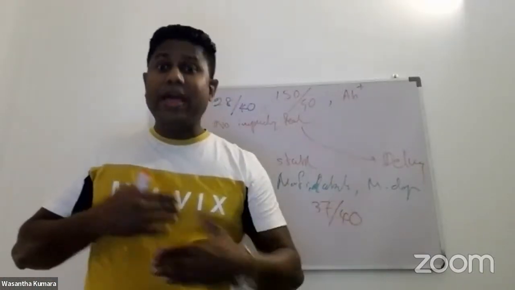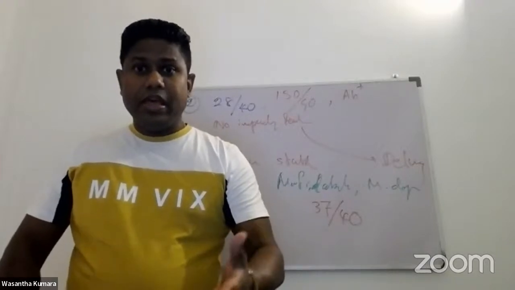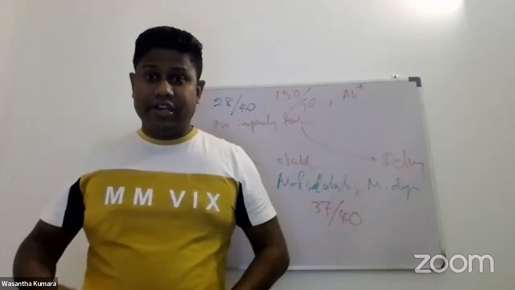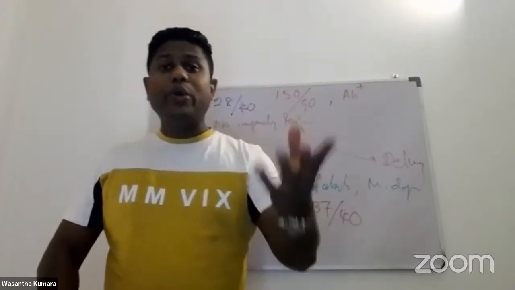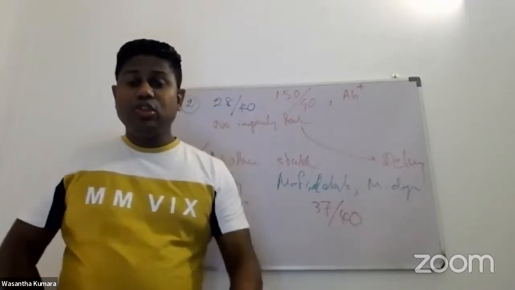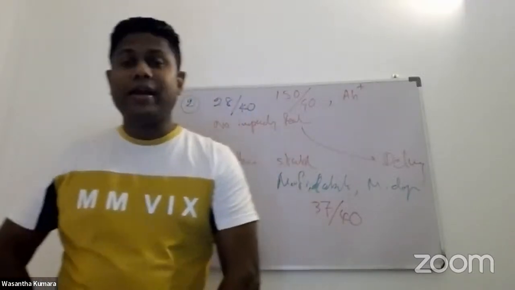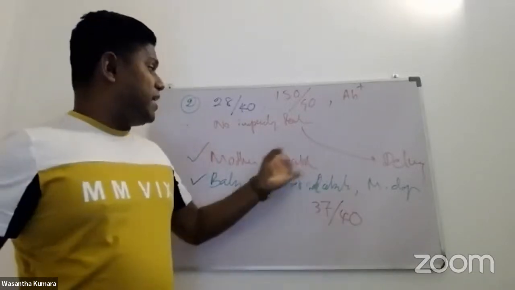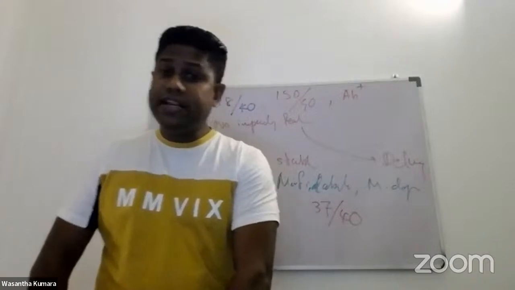Primary prevention as a treatment. And now suppose patient had an eclamptic fit, and she recovered. Still, you need to have magnesium sulfate for the secondary prevention of recurrent fits. Those are the indications to start magnesium sulfate. So this particular patient doesn't need magnesium sulfate.